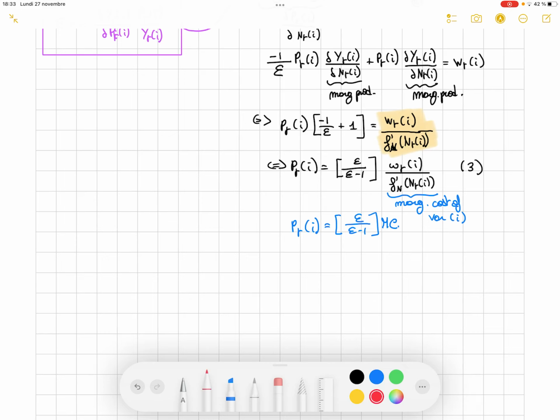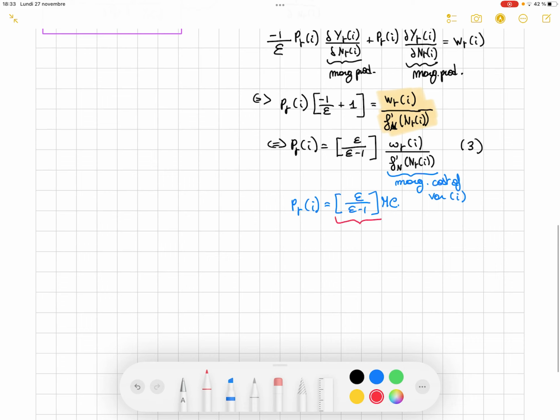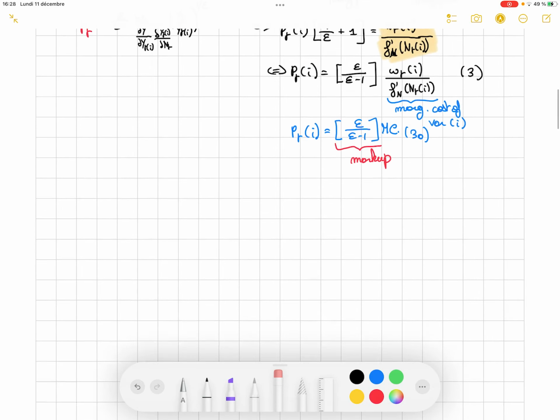Okay. And so what you see is that in this world there is a markup on the marginal cost, coming from the competition that you are assuming. The price will be higher than the marginal cost, which was not the case in the simpler model that we covered.